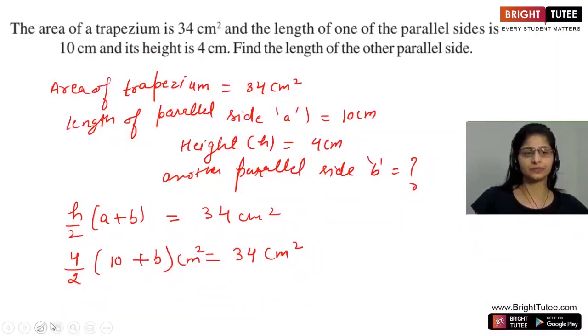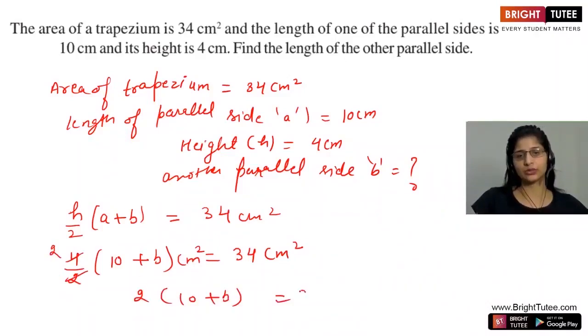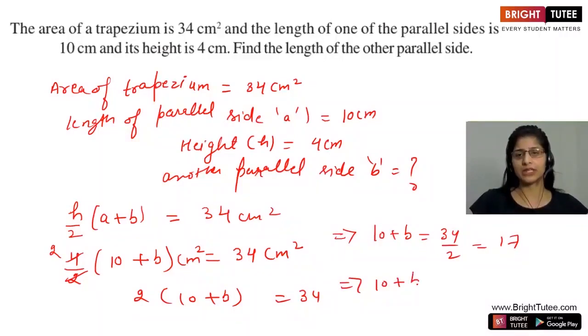Just see, 2 2s are 4. So 2 into 10 plus B is equal to 34. This implies that 10 plus B is 34 upon 2, that is 17. So 10 plus B is equal to 17 and B is equal to 17 minus 10, that gives us 7 centimeter.